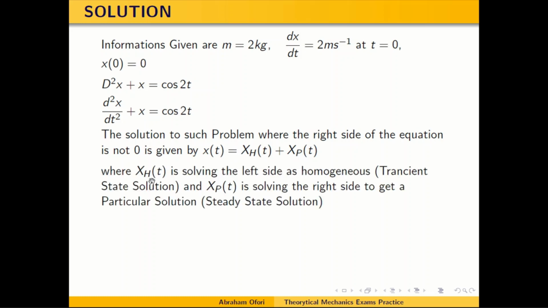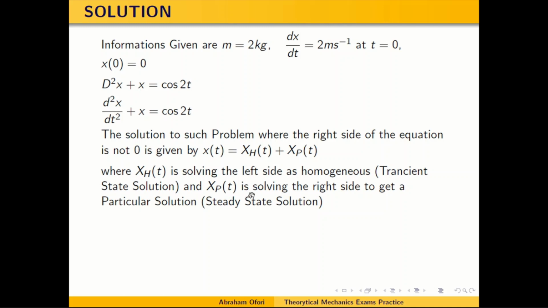Here xh of t is solving the left side as homogeneous. So you just take this left side, solve it like we did in the first one, and call it the transient state solution. And then you pick the right side, you solve it, and it's called the steady state solution.